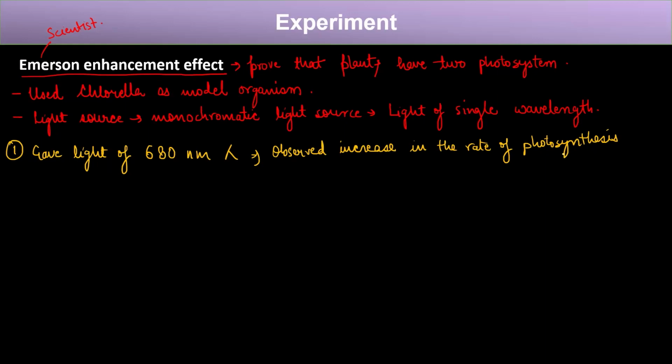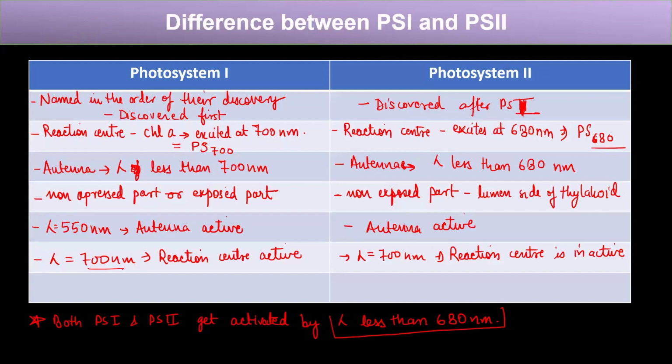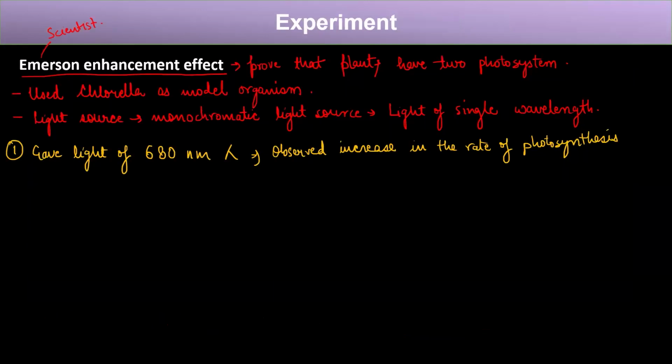Now, why did this increase happen? Because we have studied the photosystems, and these photosystems are responsible for photosynthesis. So when he gave the light of 680 nm, one of the photosystems gets activated, right? And we know which photosystem gets activated at 680 nm, that was PS2. Because of this, he observed an increase in the rate of photosynthesis.